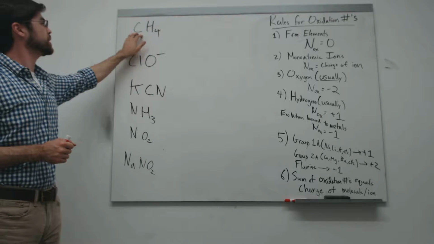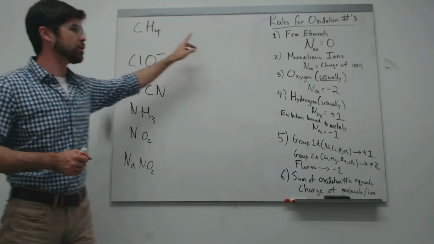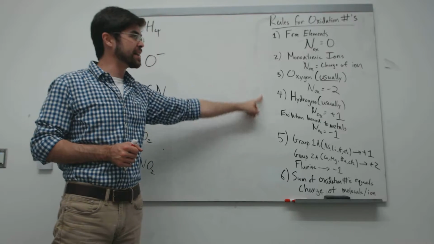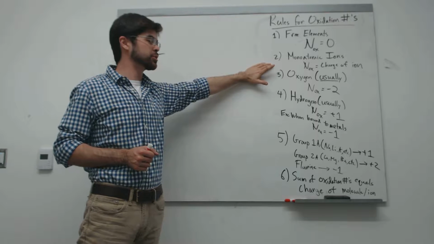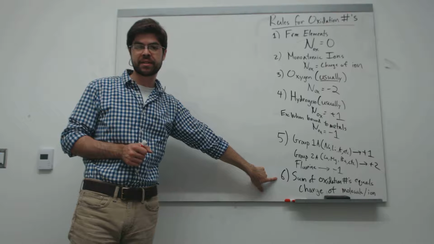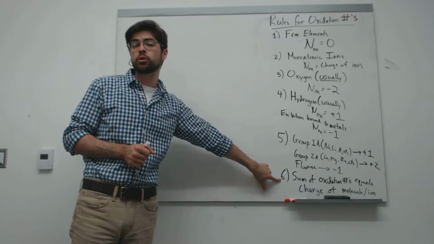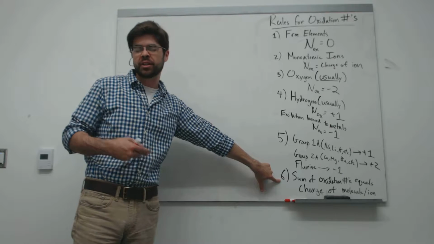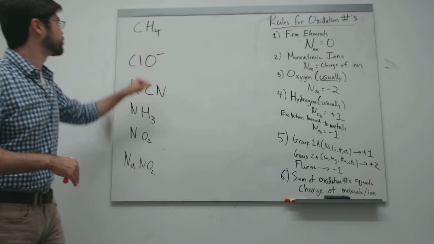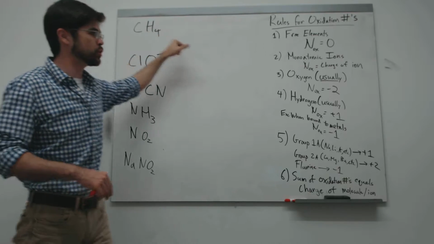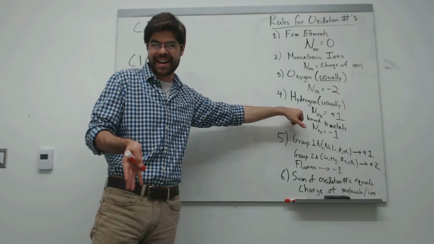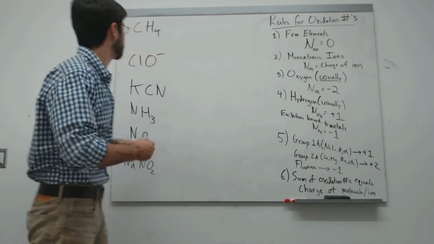So for methane, carbon doesn't fall into any of these categories. Since it doesn't fall into any one of them, it's not a free element, it's not a monatomic ion, and it's not one of the specific cases here, we can't predict it directly, we have to use Rule 6. So basically we need to check the oxidation states of everything else first. Hydrogen almost always has an oxidation state of +1.